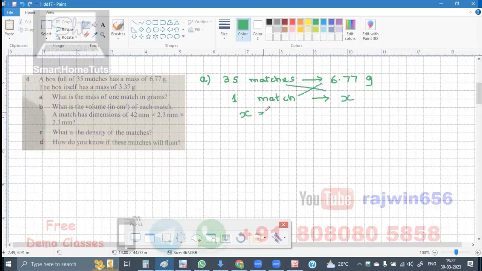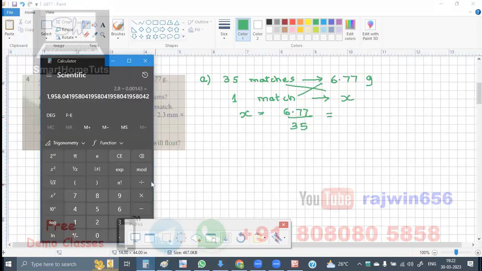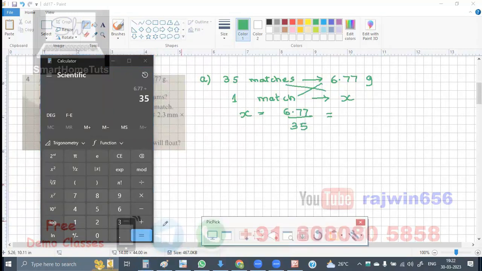So X is equal to 6.77 divided by 35. 6.77 divided by 35 is 0.193.